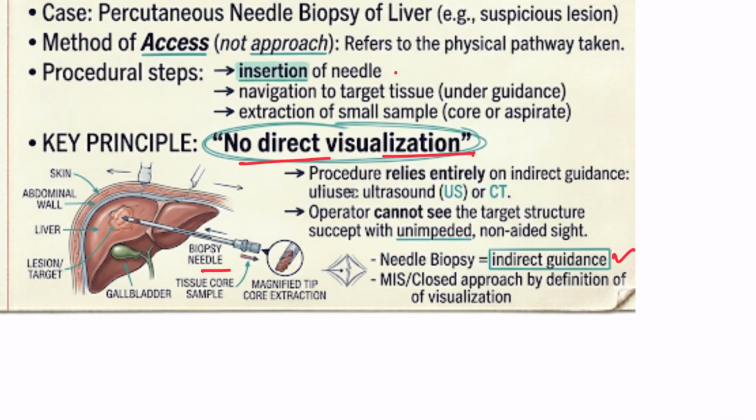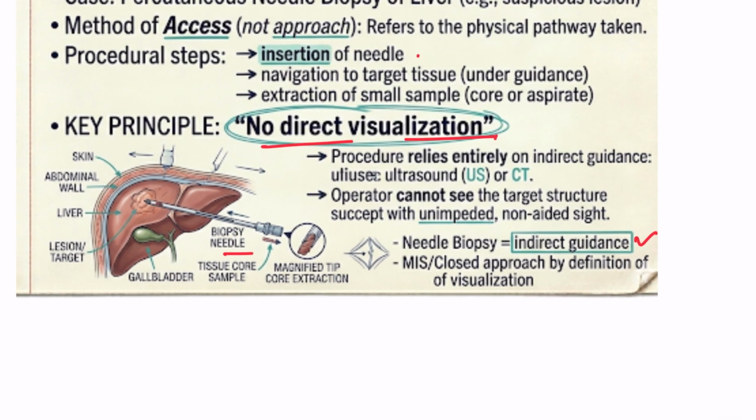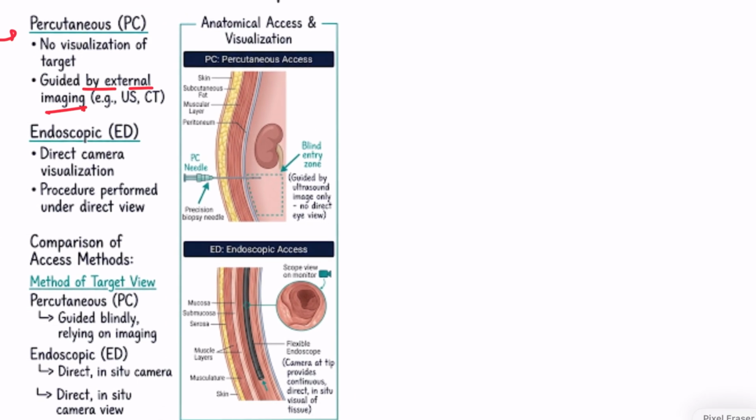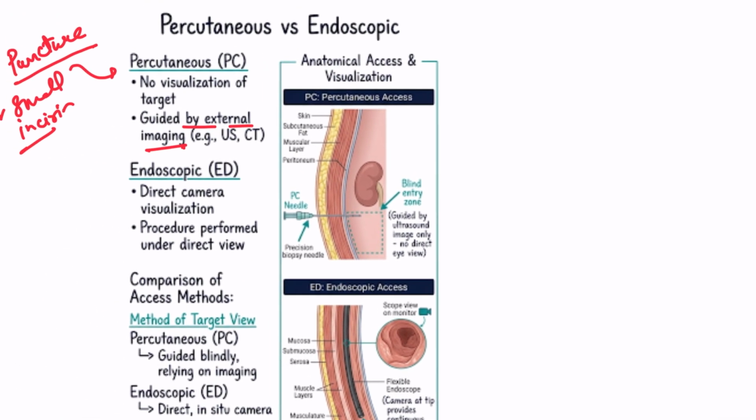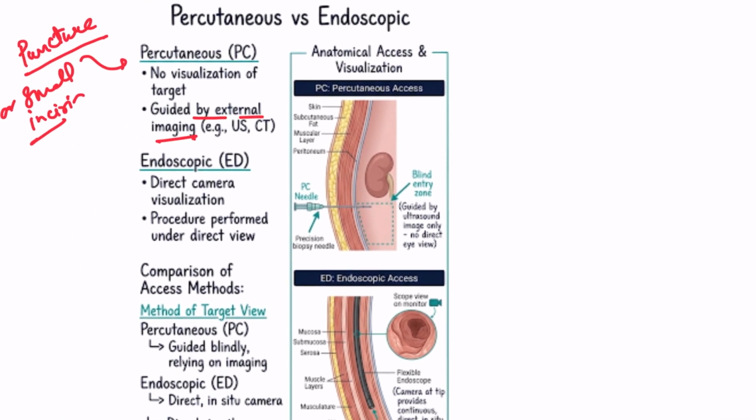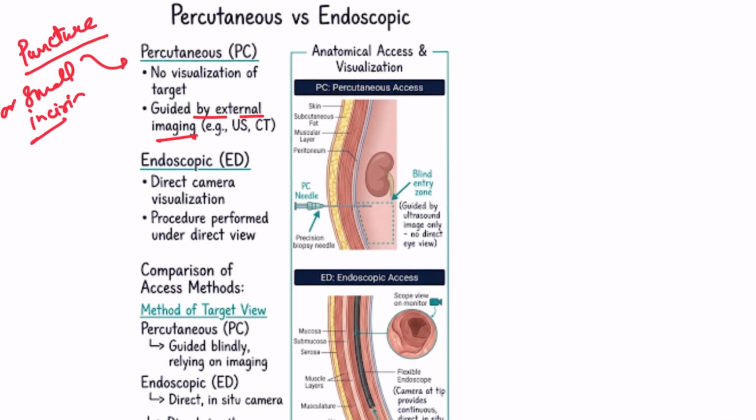Now, let's add one more layer, because this is where confusion begins. What if the body is not open but the surgeon is still able to see inside? This is where endoscopic visualization comes in. So now we have entry through a puncture but visualization through a scope. This becomes percutaneous endoscopy.